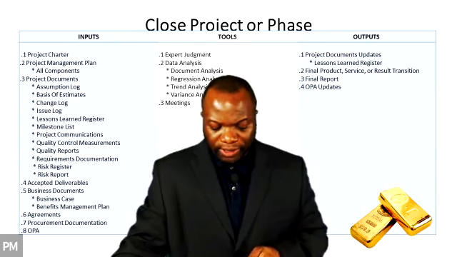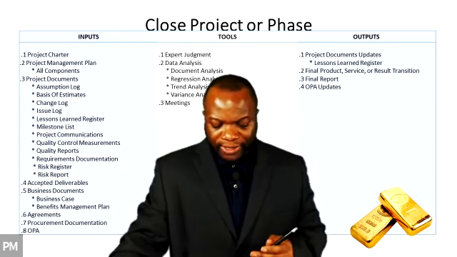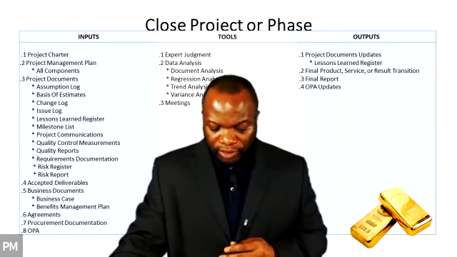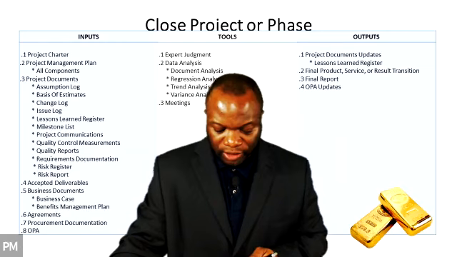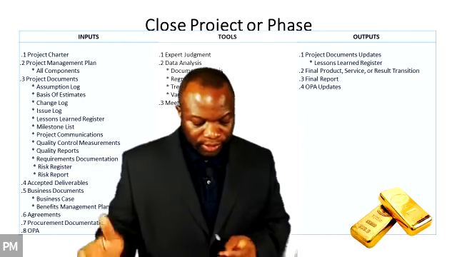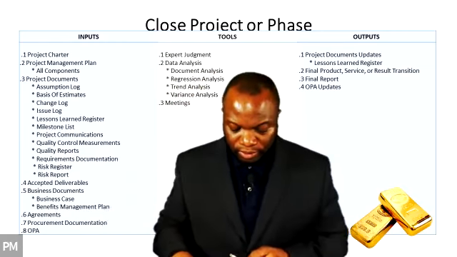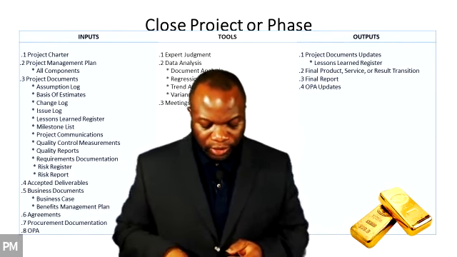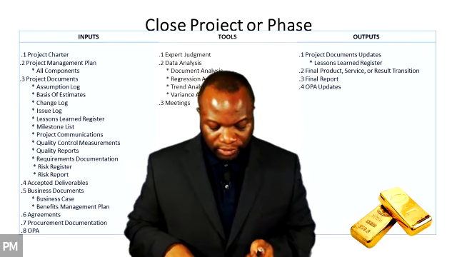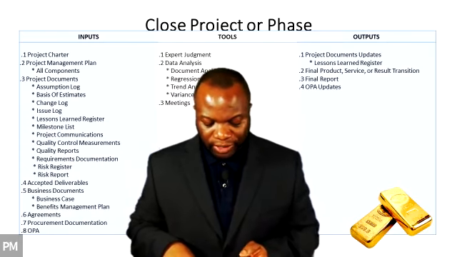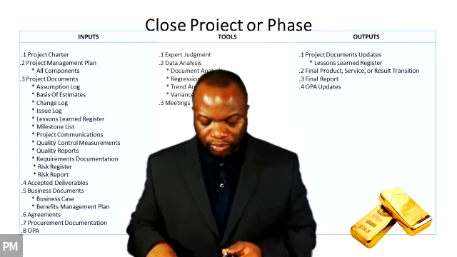We've talked about this. It says the final report provides a summary of the project performance. It can include information such as a summary level description of the project or phase, scope objectives, quality objectives, cost objectives, and a summary of the validation information for the final product, service, or result.